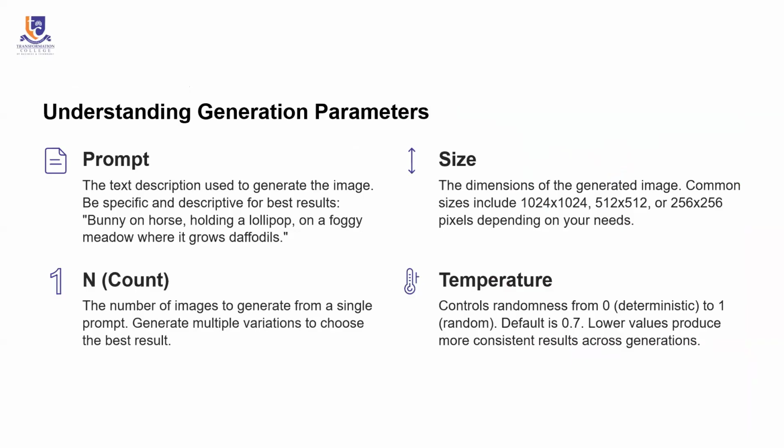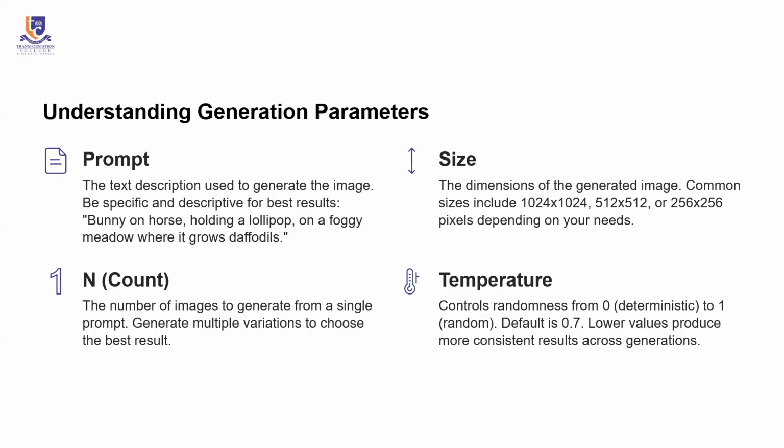So it could be a bunny on a horse, holding a lollipop, on a frog meadow, a froggy meadow where dandelions grow. This is a very complex prompt, but it's direct, so you know what we want to build. And if anything, I would use this prompt as a test for our practical because I like the way it looks.